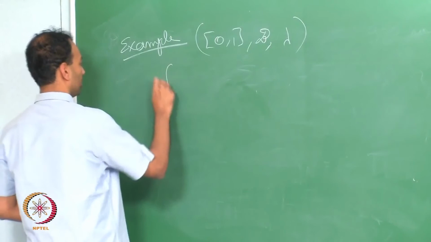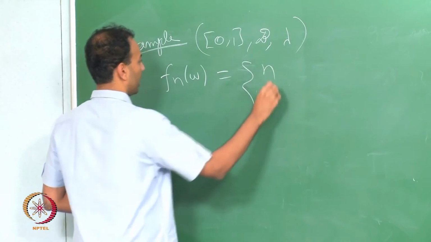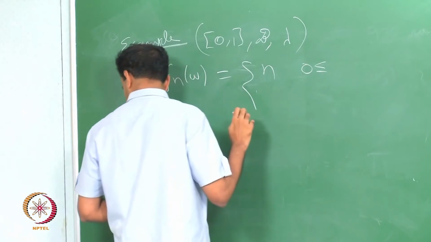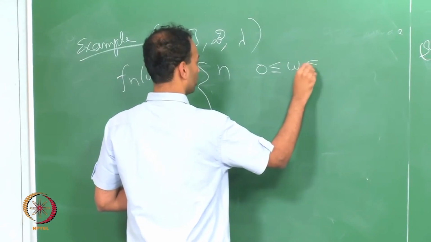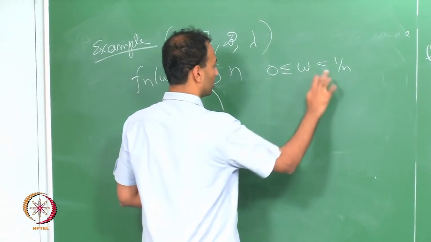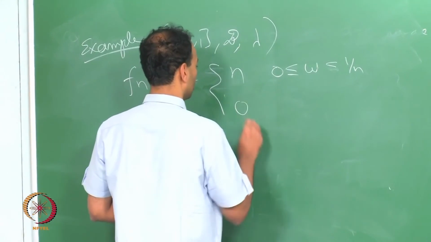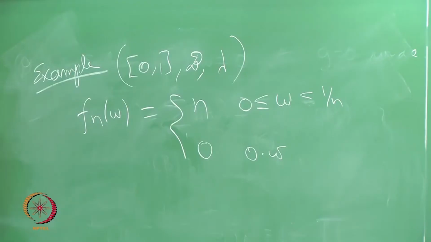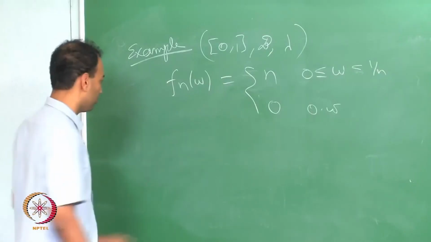I want to define f_n(omega) equal to n for 0 less than or equal to omega less than or equal to 1 over n, or less than 1 over n, and 0 otherwise. That is my sequence of functions. So f_n(omega) will look like that.